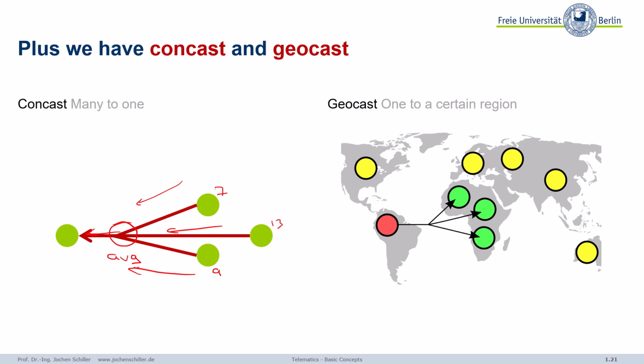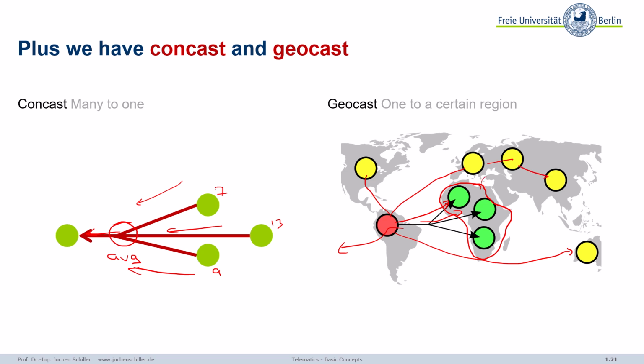For some special purposes, we have a geocast. That means we forward data only to end systems in certain regions. This example may be Africa. And although, sure, we have connections to many other computers around the world, the data should rather go this way, but okay, so this is flat Earth.